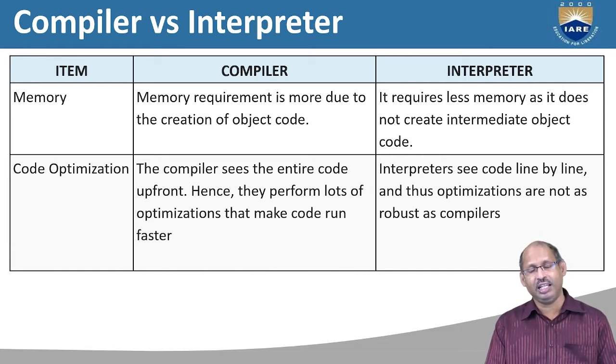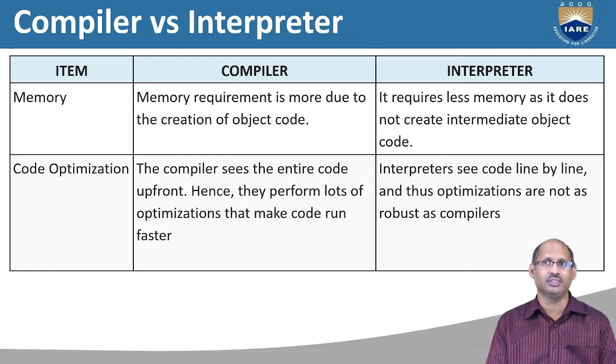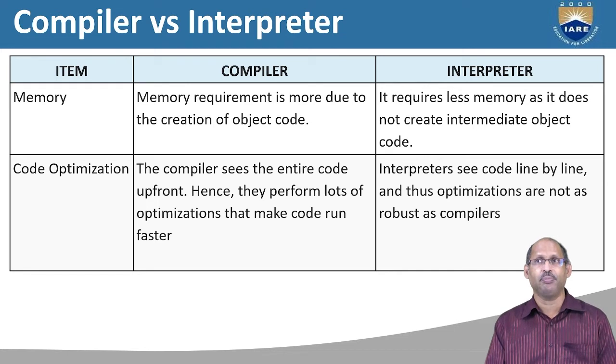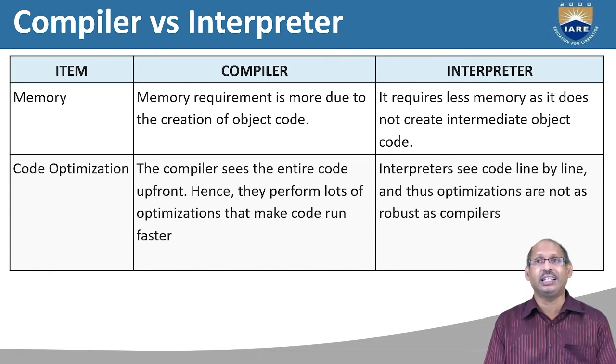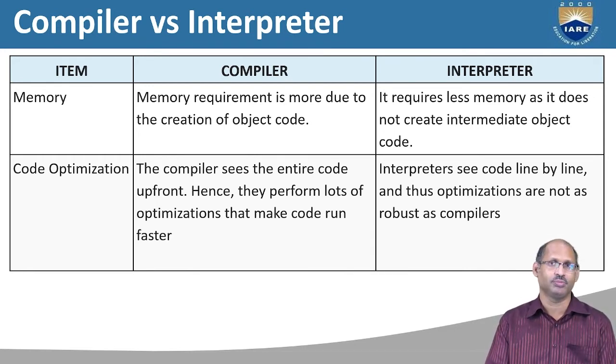The high level source program stays in the high level language only, it need not be converted, so it requires less memory, only for the interpreter and the source program.